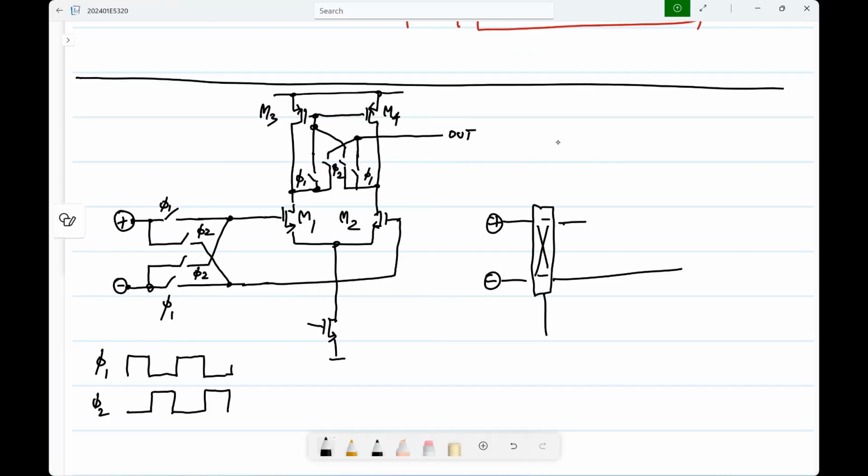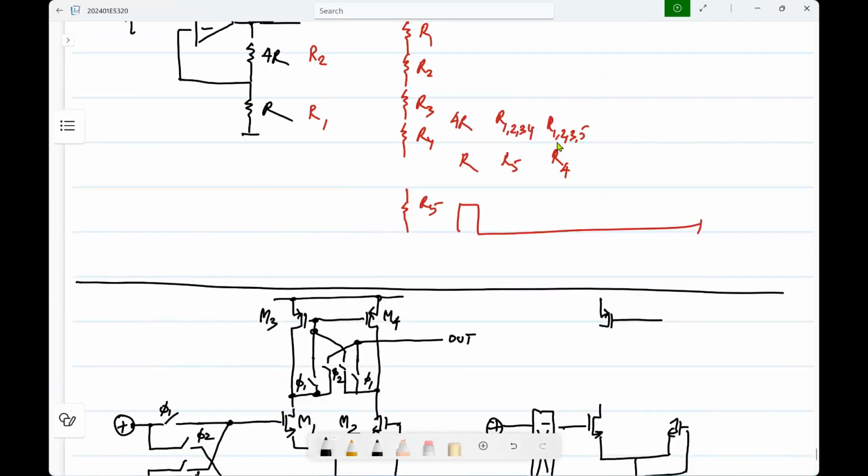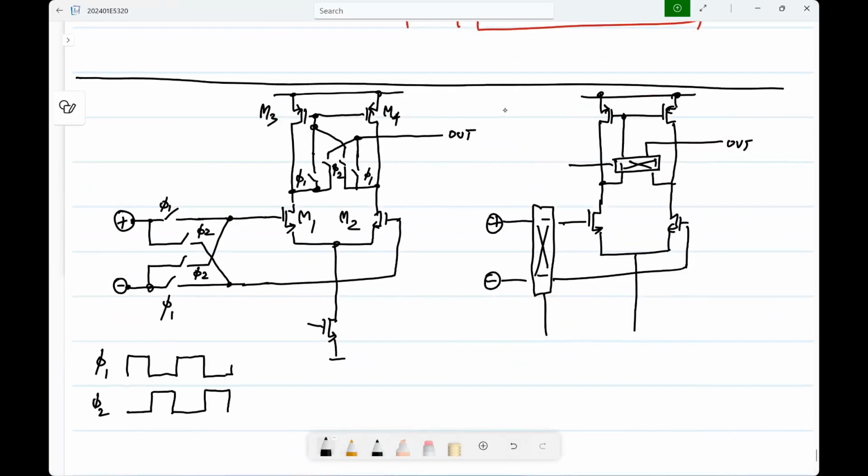And okay, once you understand the principles, you will be able to understand this. You have to get used to it though.